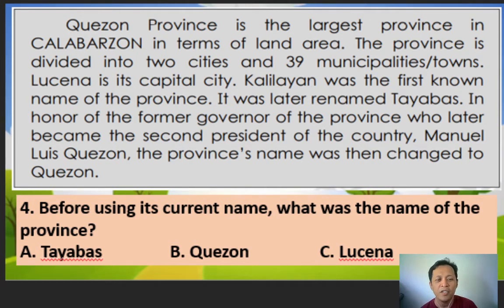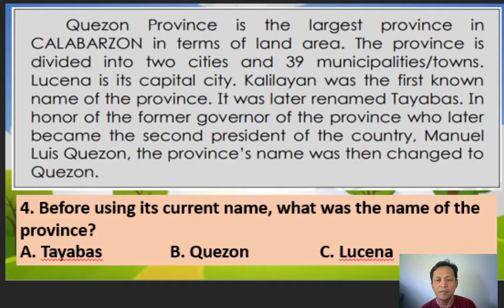Okay, question number 4. Before using its current name, what was the name of the province? Is it A, Tayabas? B, Quezon? C, Lucena?